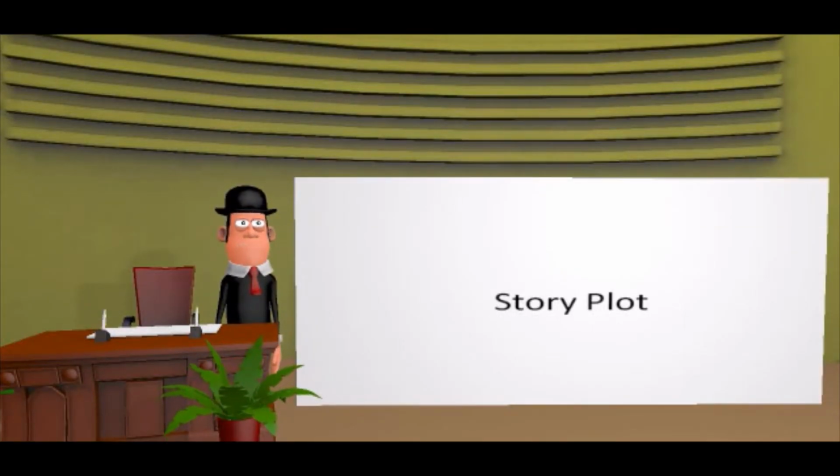Once you have understood your story, the second step will be planning your story. That is story plot. If your story is related to a problem, you have to state what the problem is, and towards the end of your story, give a possible solution for the problem.